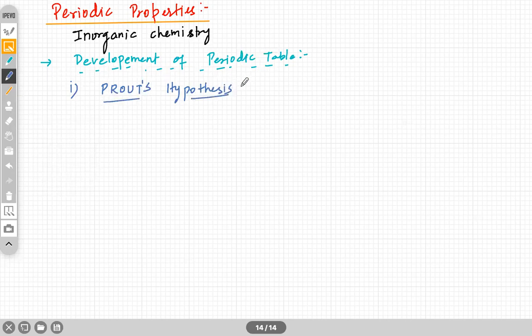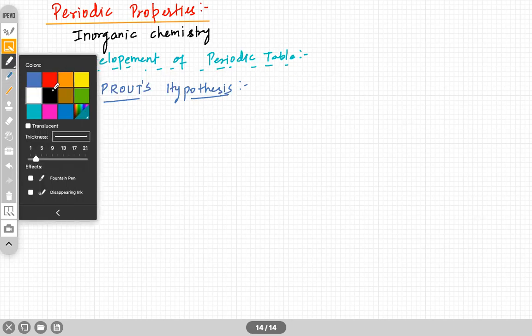Quickly write down what he said. He assumed that all elements are made up of hydrogen, which was obviously wrong, not correct, but yes, we have to go through it once.